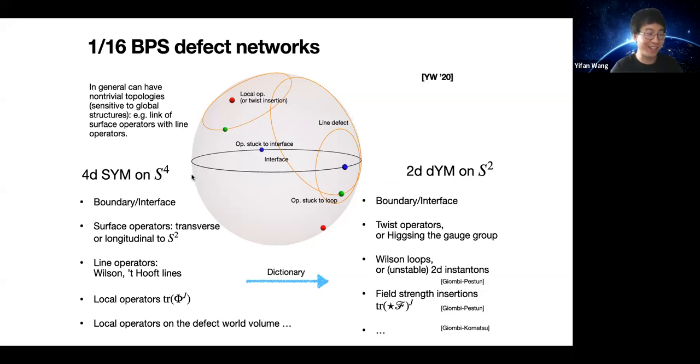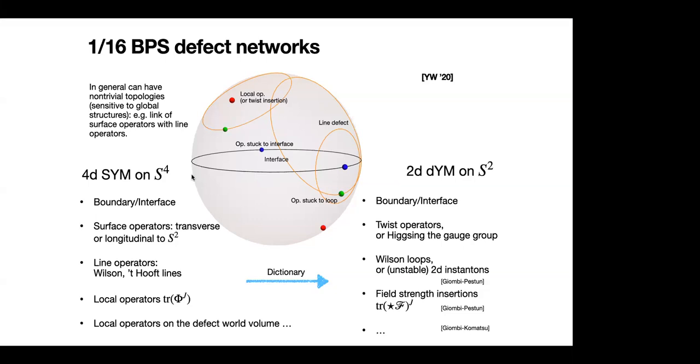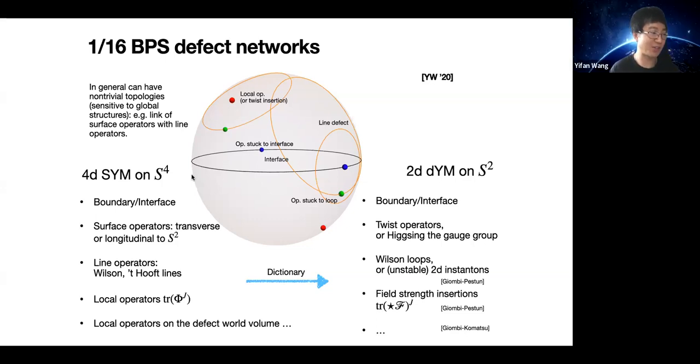So the D3 is in 0, 1, 2, 3. S2 is at x0 equal to 0, and 1, 2, 3 is the S2 in the 1, 2, 3 direction. Then the D5 will be along 0, 1, 2, and the other three directions are 5, 6, 7, say. That's why it would give you a circle of some sort. Yeah, it looks at x4, x3 equal to 0, so that's a circle. Right. Okay, thank you. Yeah, no problem.